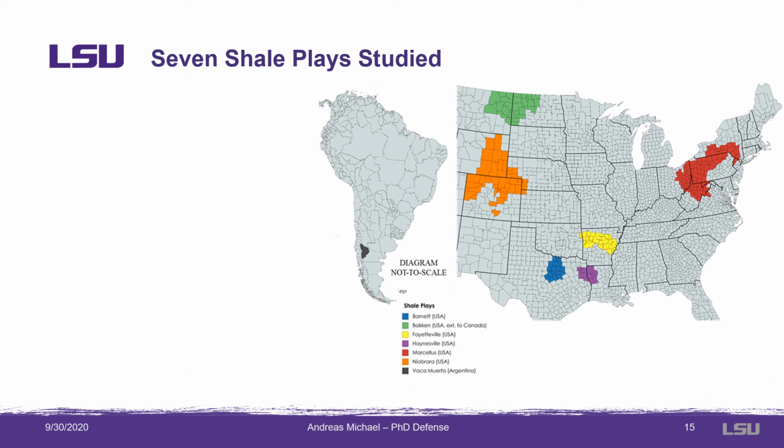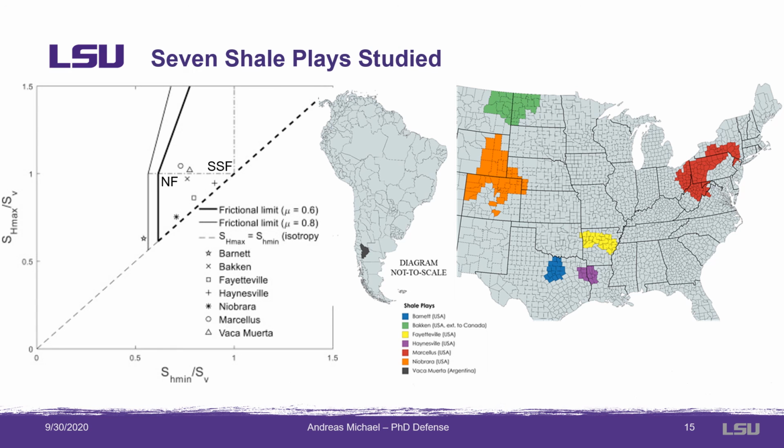I considered oriented perforating for 7 prolific shale plays, 6 from the US: the Barnett, Bakken, Fayetteville, Haynesville, Niobrara, and the Marcellus, and the Vaca Muerta shale from Argentina. 5 of those shale plays are under normal faulting stress state, and the other 2, Vaca Muerta and the Marcellus shale, are under strike-slip faulting stress state.